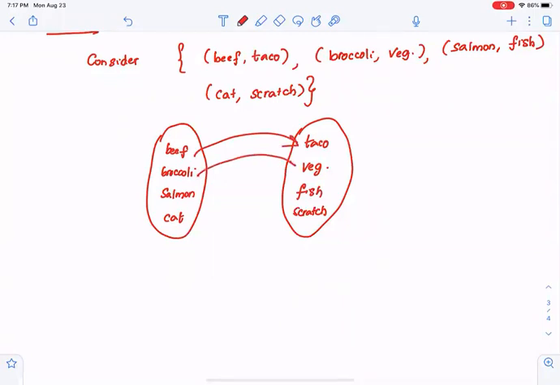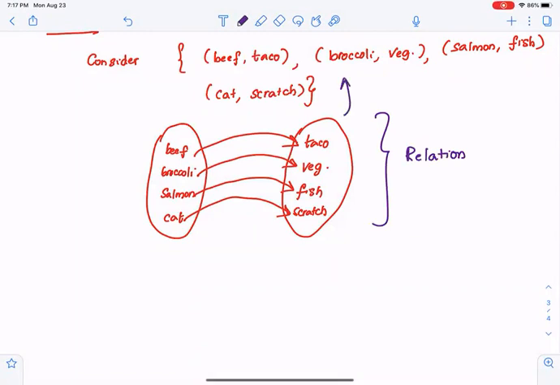Broccoli is related to veg, broccoli being a vegetable. Salmon is related to fish. Cats do scratch. So I have formed a connection between the two as well. So that is a relation of a variety of things, but that corresponds to what I had over here, because that's what I considered.